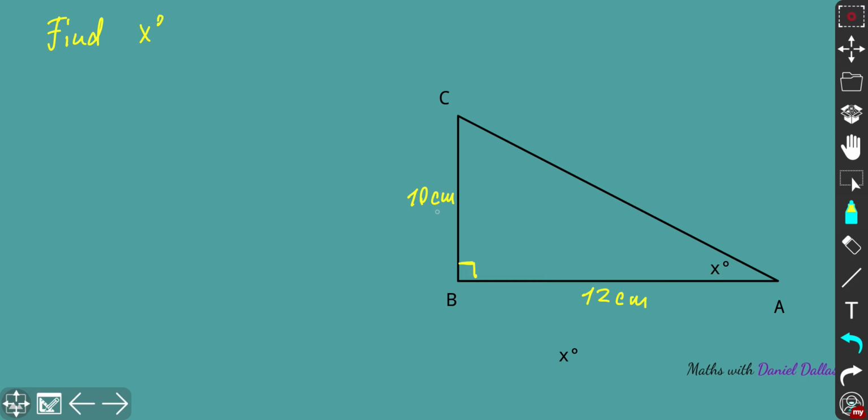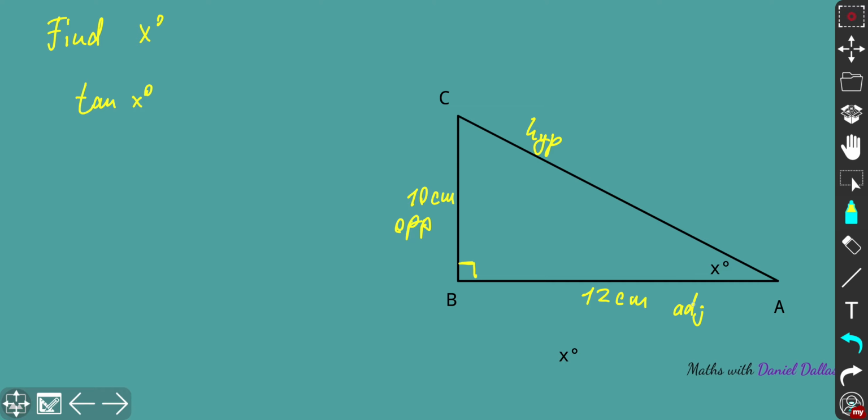So what we're going to do is simply recognize the pattern. If you have two sides which are actually legs, not the hypotenuse, not the longest side, so we are not given the hypotenuse, we need to use tangent. Tangent by definition of the angle X is the opposite leg over adjacent.